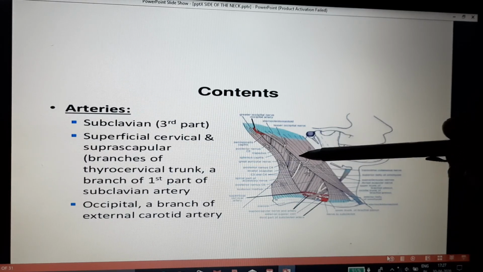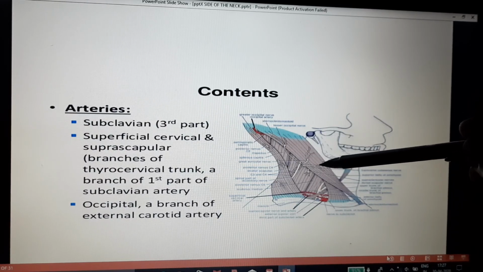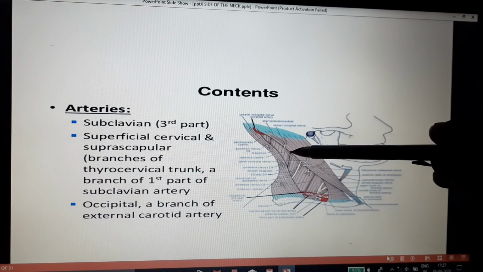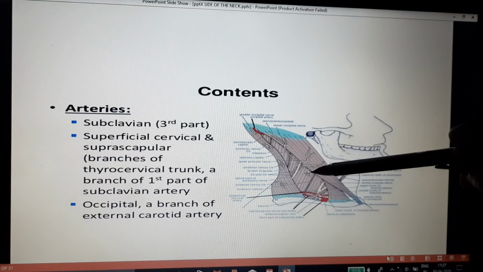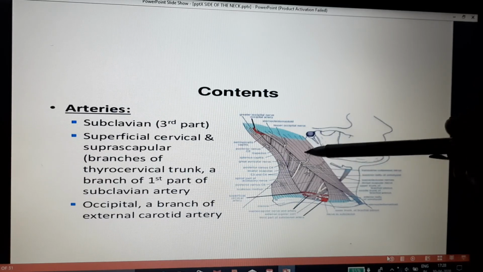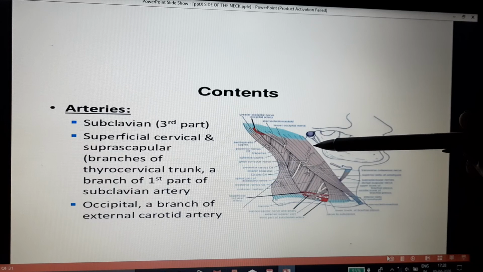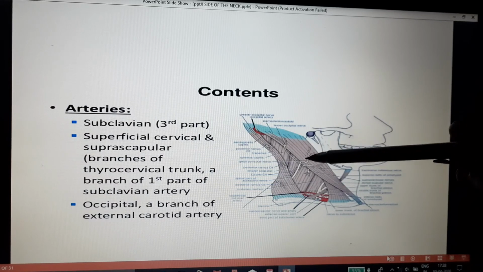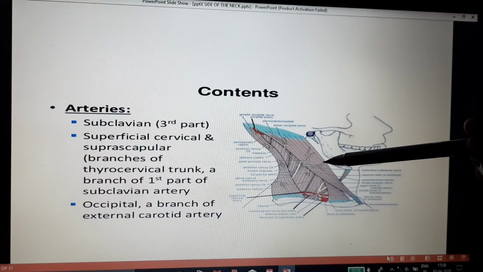These four nerves: first is the transverse cervical nerve, second the greater auricular nerve, then the lesser occipital nerve and the supraclavicular nerve. These nerves are the branches of the cervical plexus. First they pierce the prevertebral fascia, then they pierce the investing layer of deep cervical fascia and become subcutaneous.